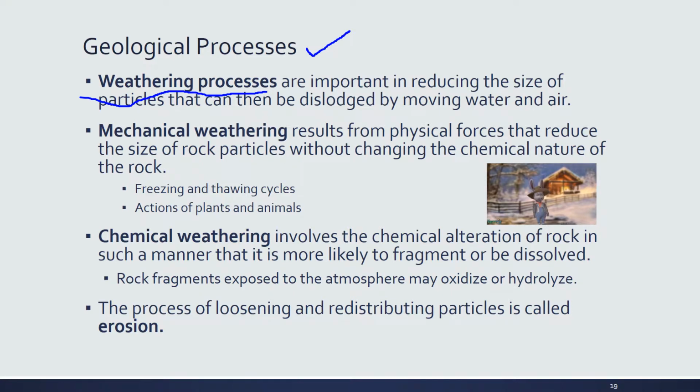We have what's called mechanical weathering, which is usually some type of physical force that breaks down the rock. That means freezing and thawing, which makes rock expand and contract, the action of animals burrowing through rock. Plant roots can break apart rocks and tear them apart, and sometimes even wind can etch rock.